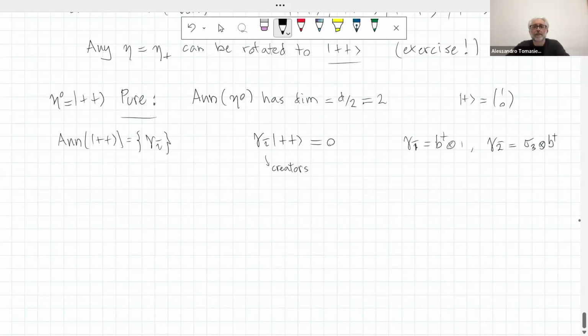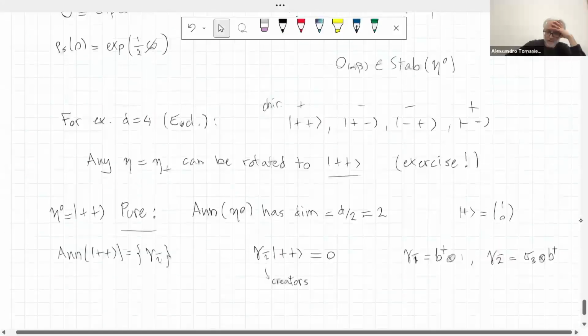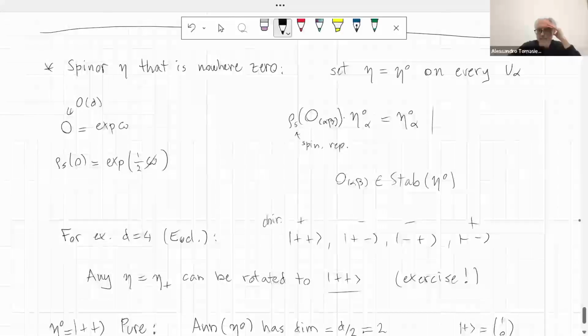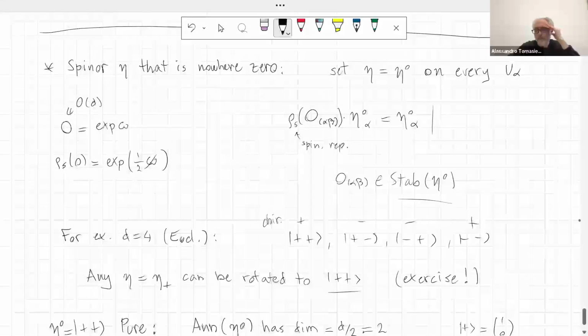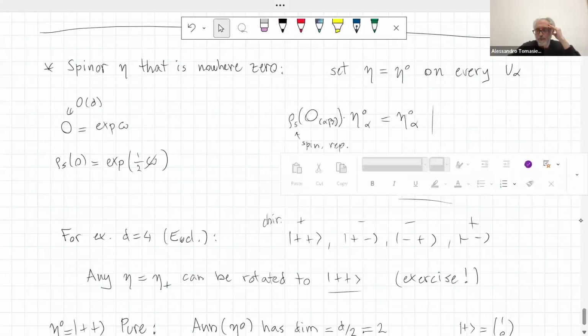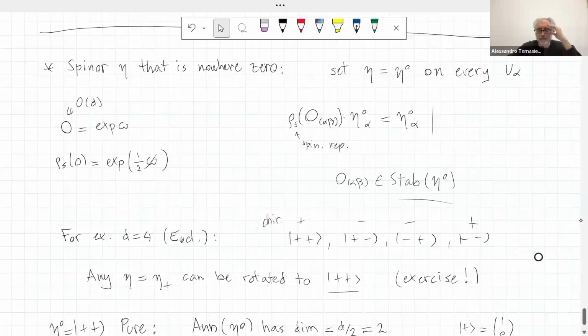Now let's try to compute this annihilator. How do I do it? Well, it's not that hard. Remember here we are exponentiating this, instead of looking at the group of the stabilizer, let me look at the infinitesimal action.